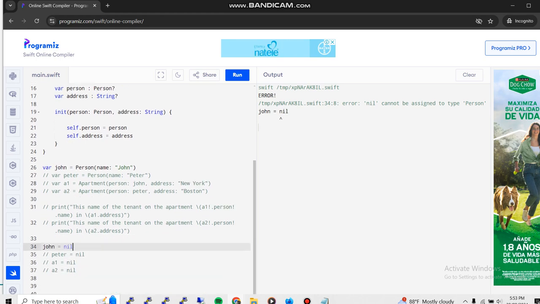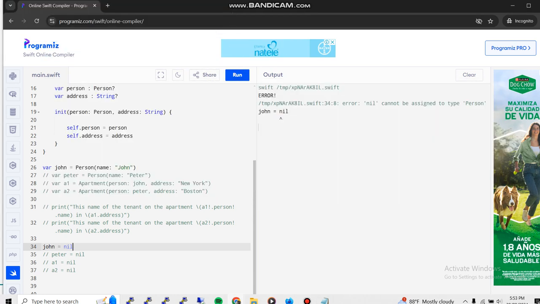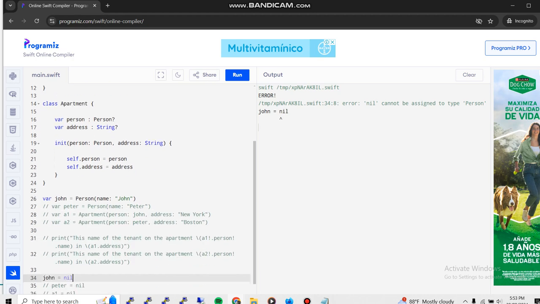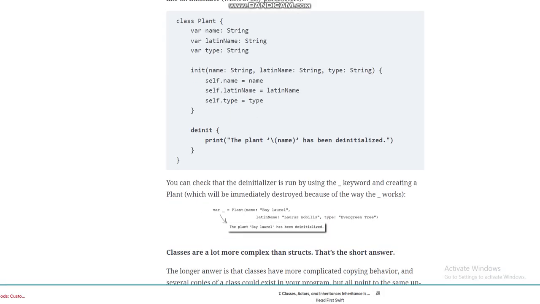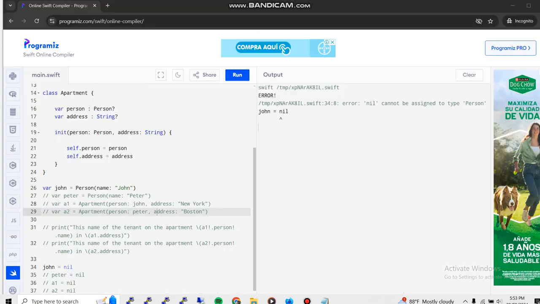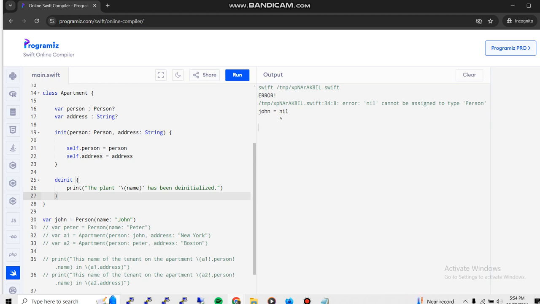Let's see very quickly. If we have this point, we will talk more about it later, but just to keep the idea in mind, right? So if we put here the deinitializer and we say, hey, please deinitialize it, we already initialized it, right?